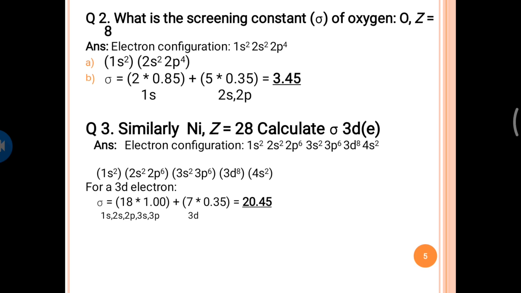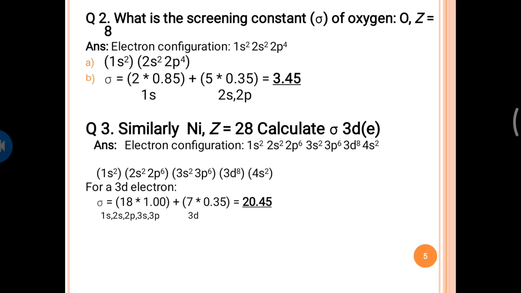We calculate for the 3d electron. At that time the 4s2 electrons do not contribute. This is the right side of the 3d orbitals. In this problem we calculate the 3d electronic contribution, for a 3d electron.